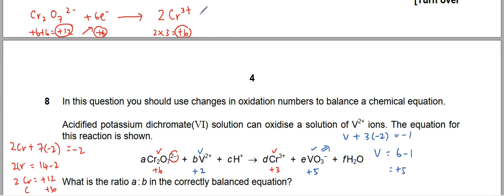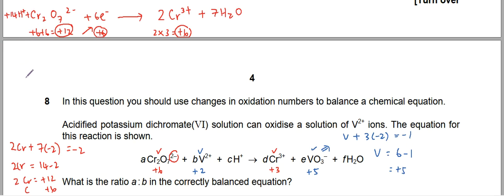To balance the oxygen, we add 7H2O here. Now both sides have 7 oxygens, but we have extra hydrogen, so we balance by adding 14 protons on the left hand side. The first half equation is balanced.